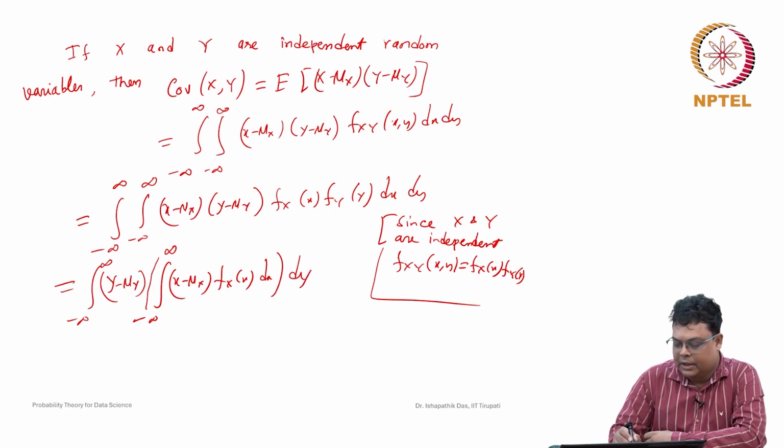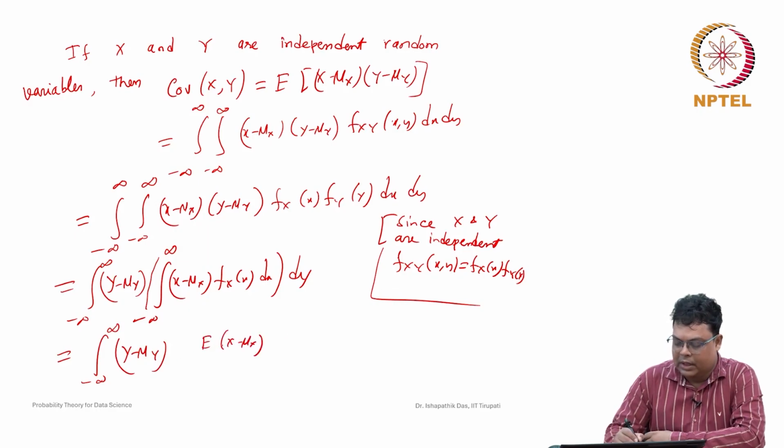Now what is this inner part? It is nothing but the expected value of X minus mu_x, and because it is a real number, it will be outside the integral.